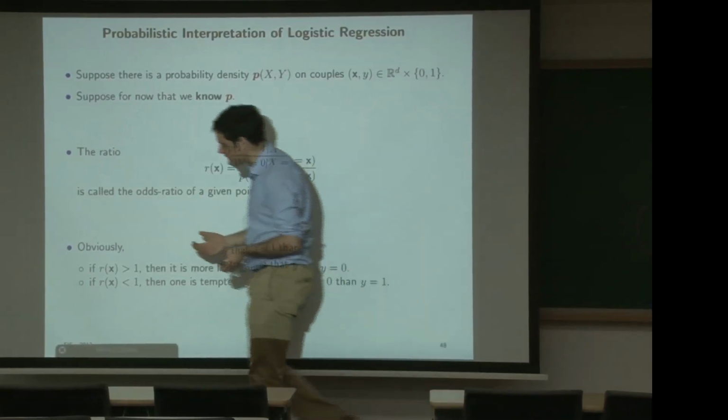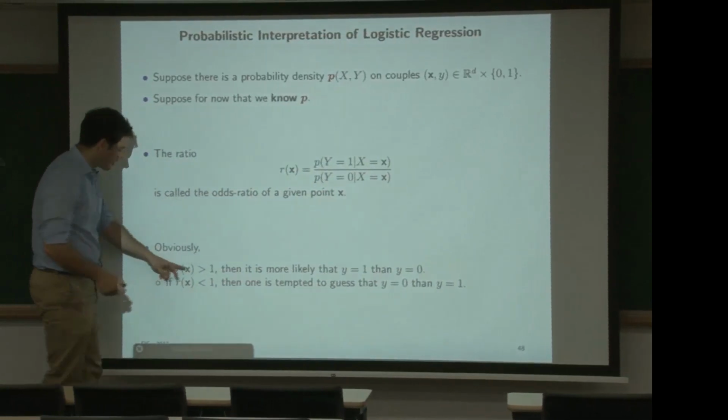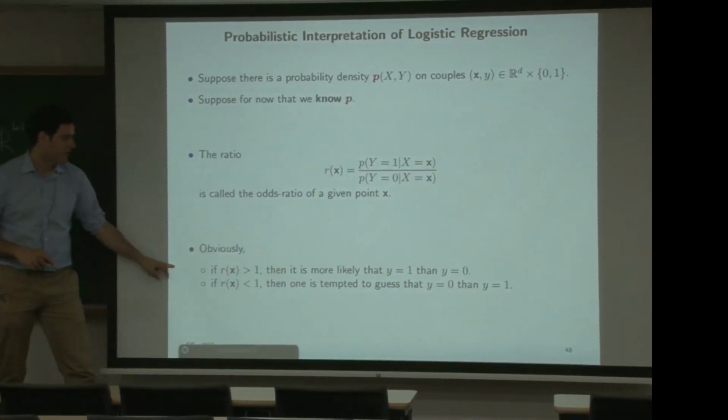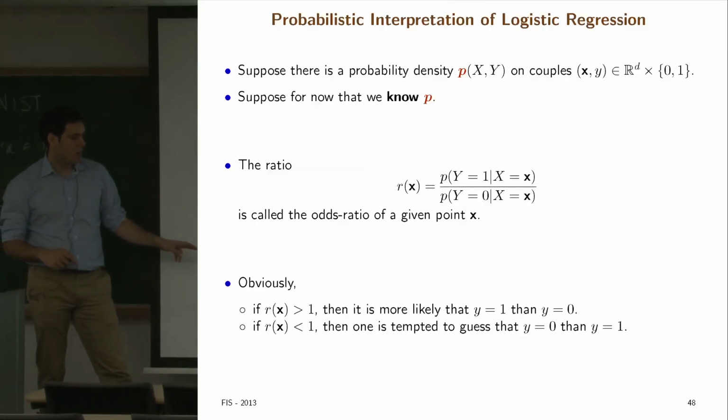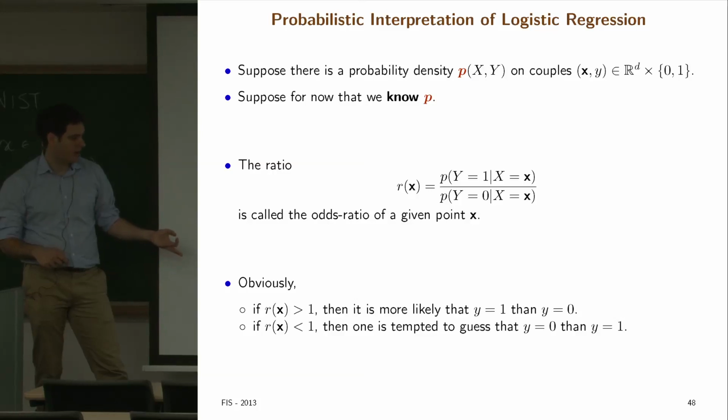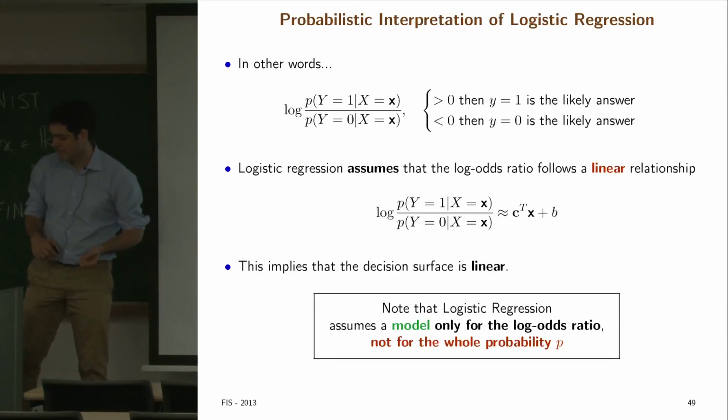Obviously, if this ratio is bigger than 1, then it is more likely that y equals 1 than y equals 0 for that particular point. If that ratio is smaller than 1, then it's more likely that y equals 0 than y equals 1.